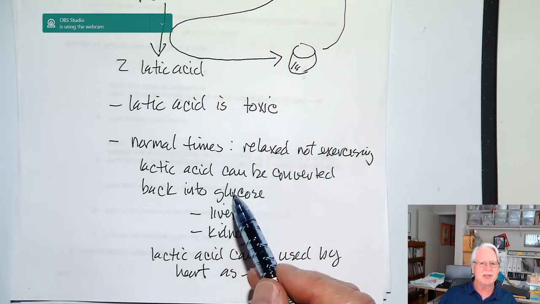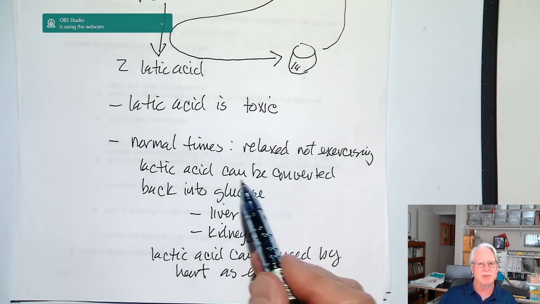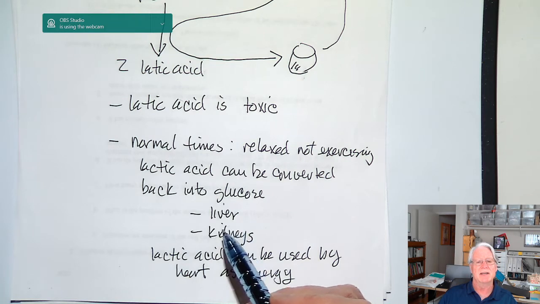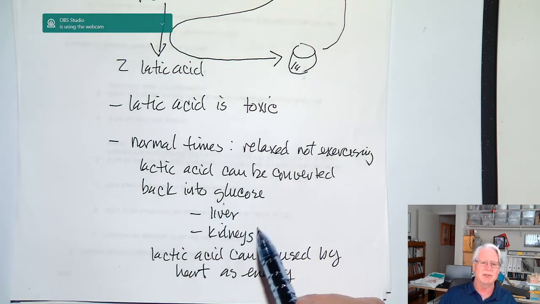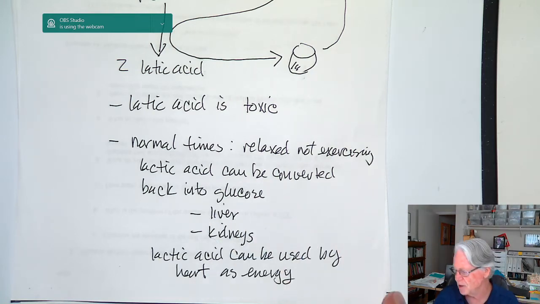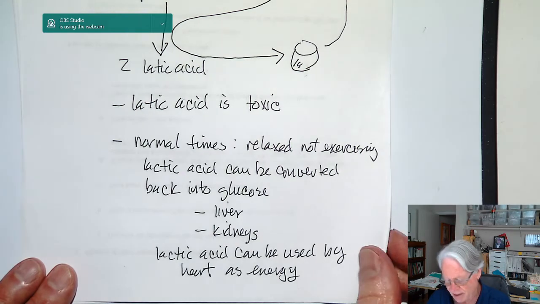And while you're exercising, this mechanism is going to be overwhelmed. It cannot deal with the amount of lactic acid that's being generated when you're exercising. And so even though this is available to you, it is not a solution. The only solution is to stop generating lactic acid.